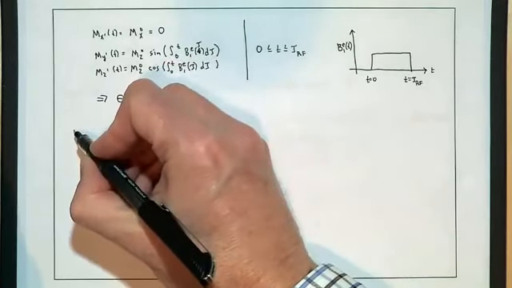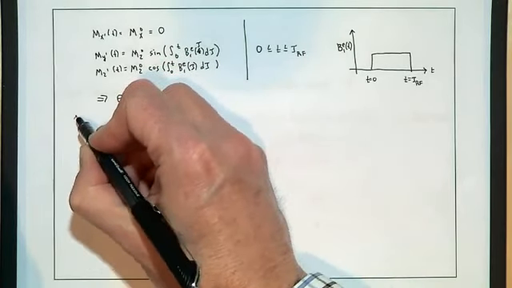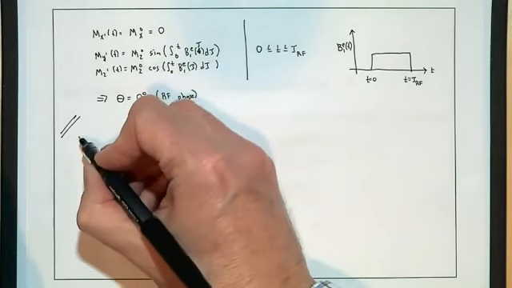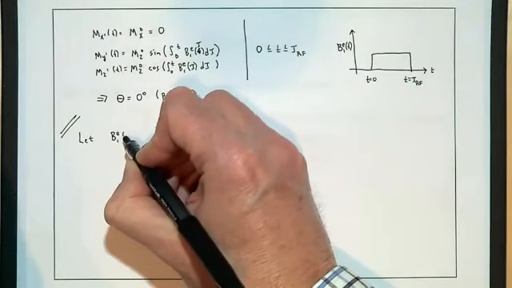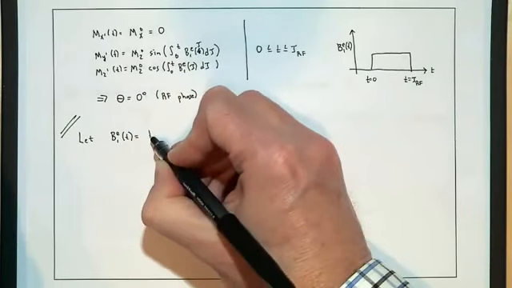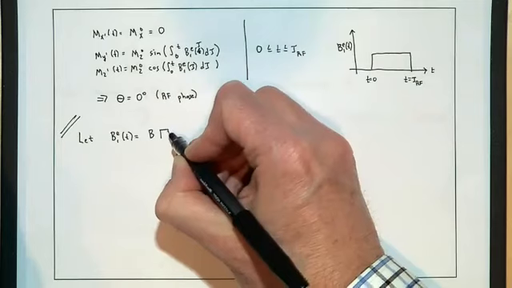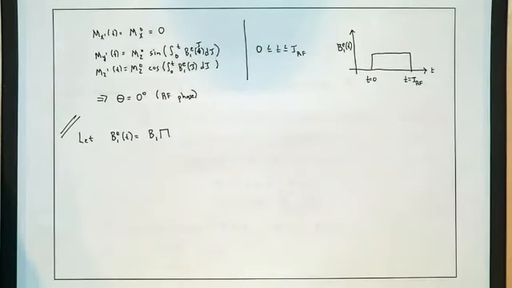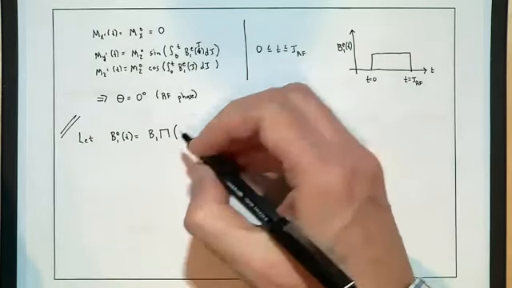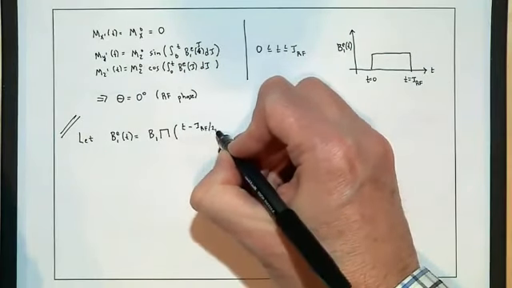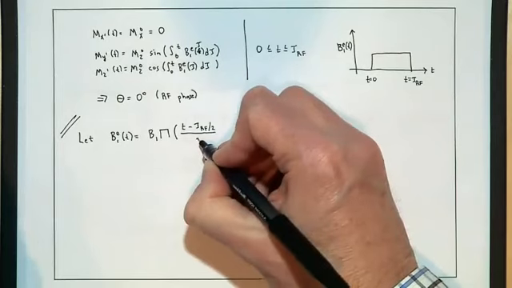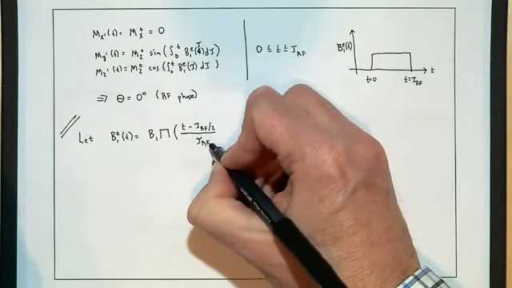If we want to be really clear about how we define that function, I'll just work with an example here. We let our B1 envelope function as a function of time be B1 times the rect of (t minus tau RF by 2) divided by tau RF. There are different ways of writing this, but we use some kind of box nomenclature to talk about the rect function that we have on the top right here.